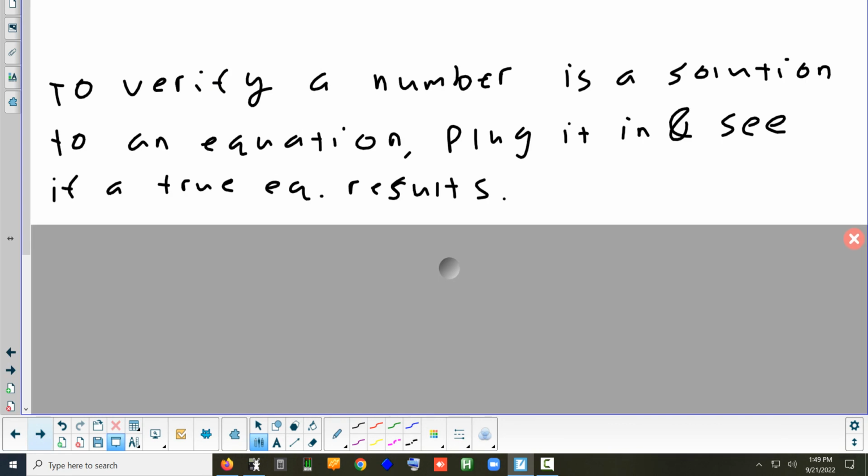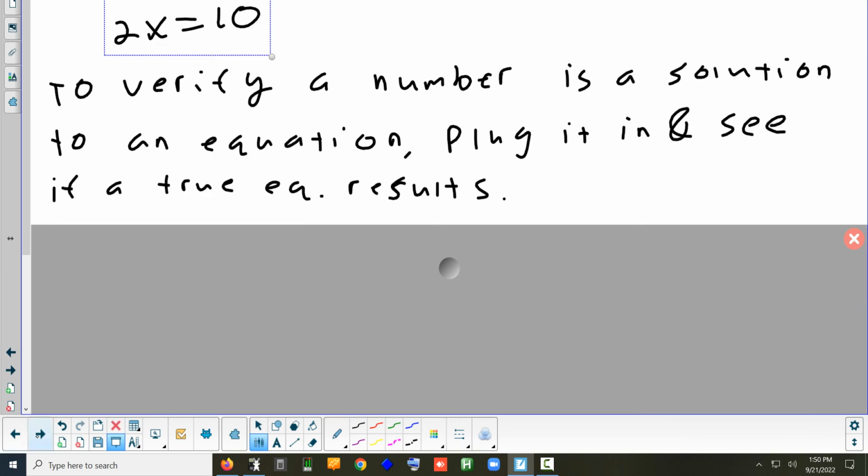So, how do we check if something is a solution? If you think about this last problem, I told you that 5 was a solution. How could you check it? Well, to check it, take the number that you think is the solution and plug it back in.